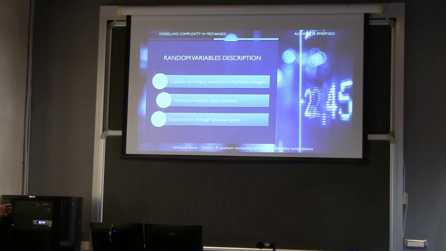I used a string of n qubits in order to provide the classical binary description of numbers by powers of 2. And I used different probability mass functions in order to investigate different behaviors, and I made superposition of such quantum states through quantum gates.